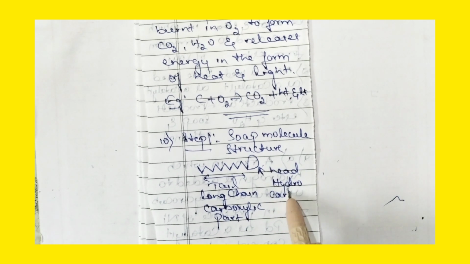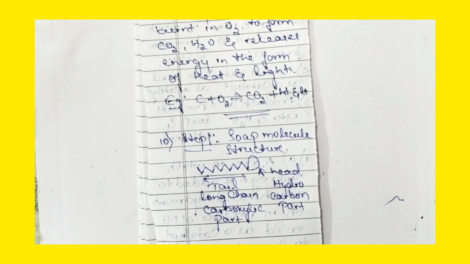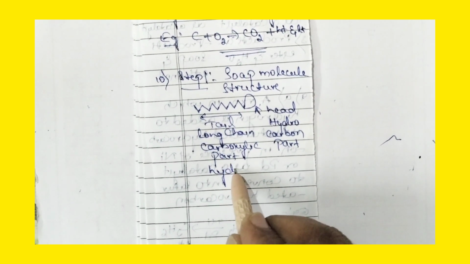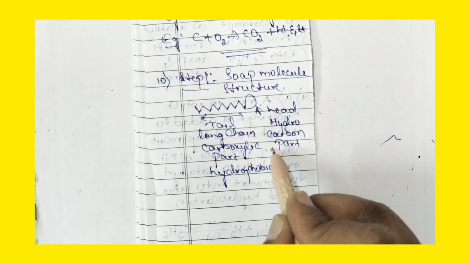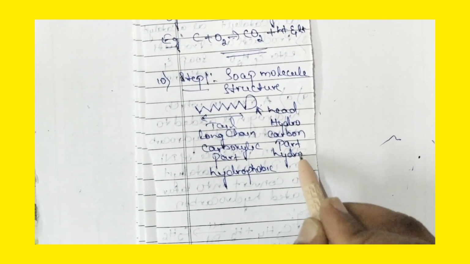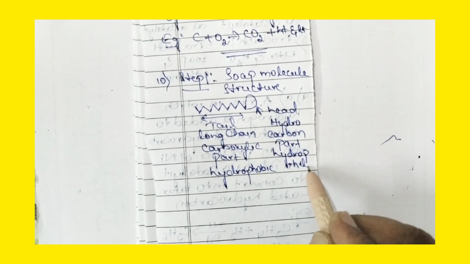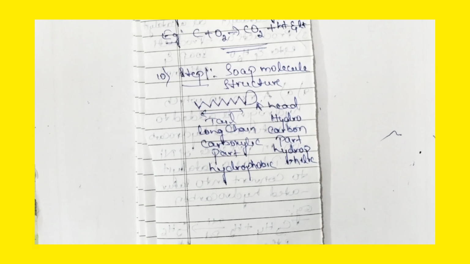Here the tail is hydrophobic, it is fear of water, and the head is hydrophilic, that is love towards water. So now we have explained the structure of soap molecule.